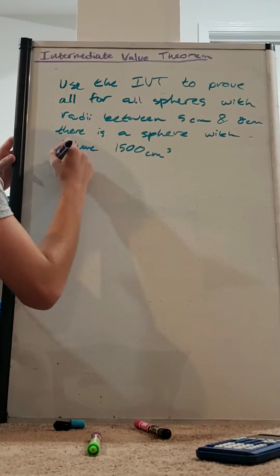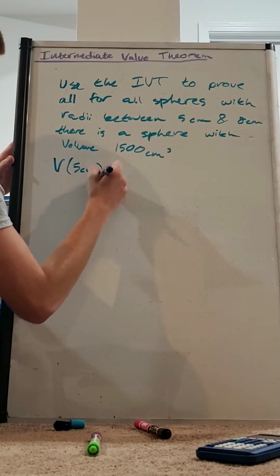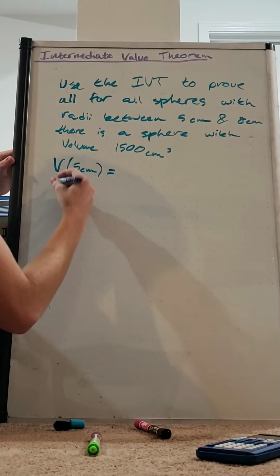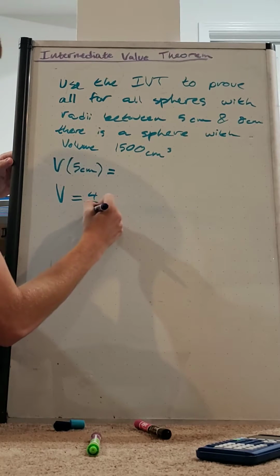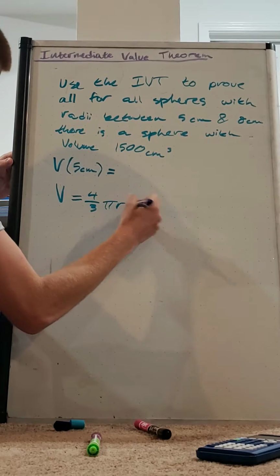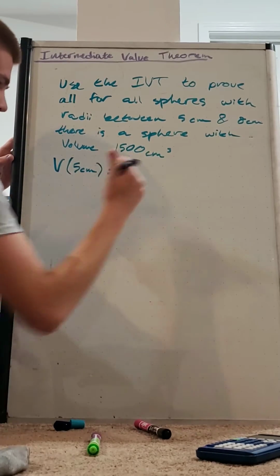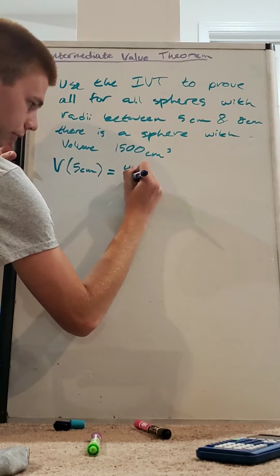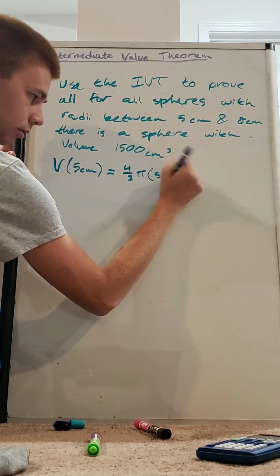So we know the volume at 5 centimeters is equal to, and if you don't remember, the volume of a sphere is 4/3 pi r cubed. So at 5 centimeters, it'll be 4/3 pi times 5 cubed.